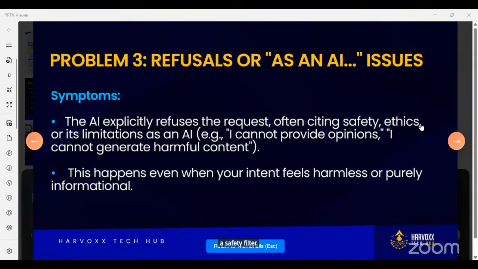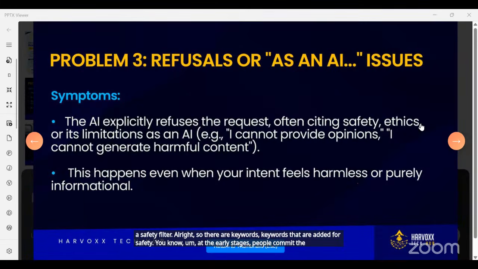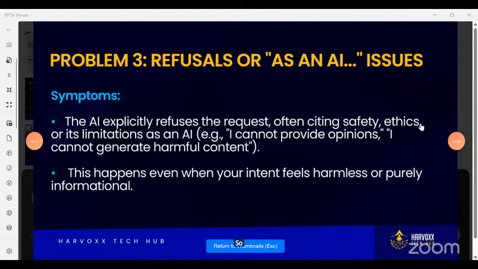There are keywords that are added for safety. At the early stages, young boys committed suicide just by chatting with an LLM.